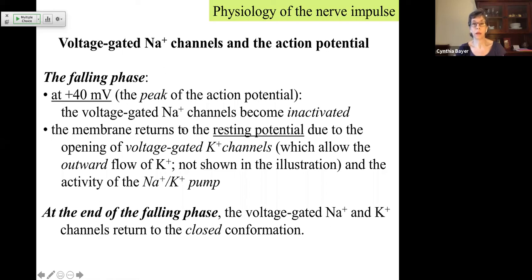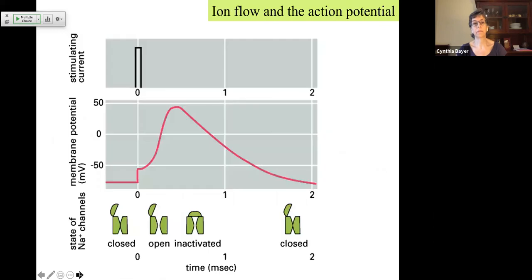And we'll see in the figure on the next slide that the falling phase of this action potential is due to the fact that voltage-gated potassium ion channels are going to be pushing positive charges back out of the cell. So let's take a look on the next slide.